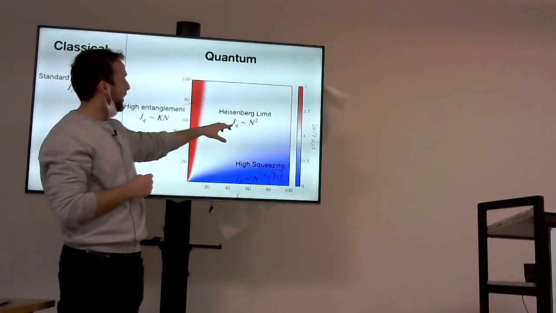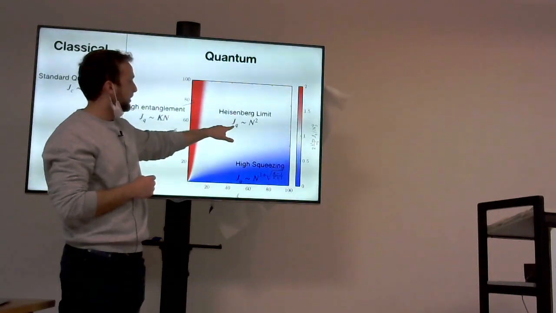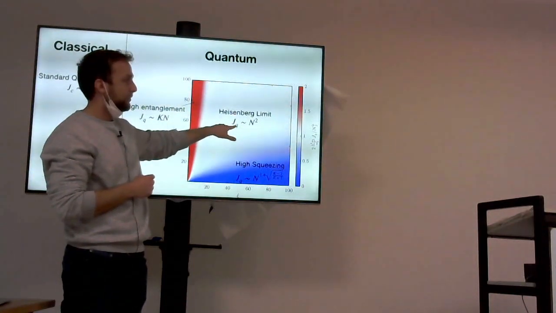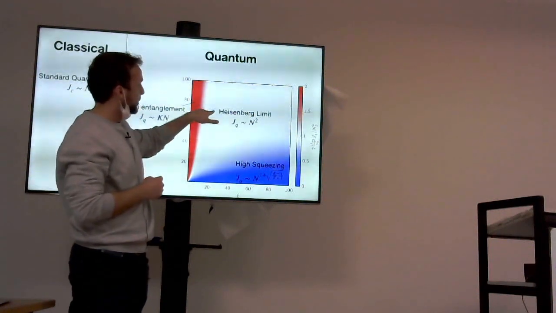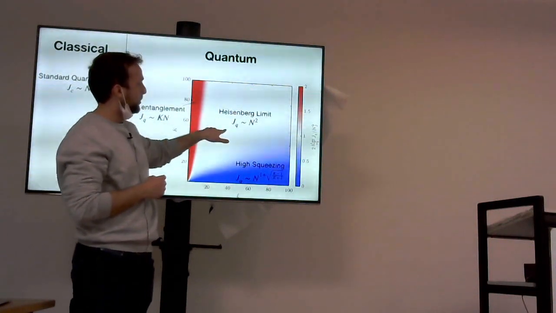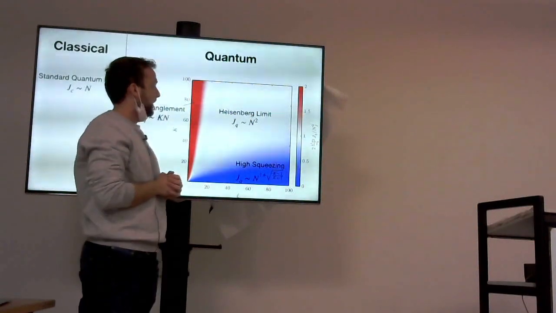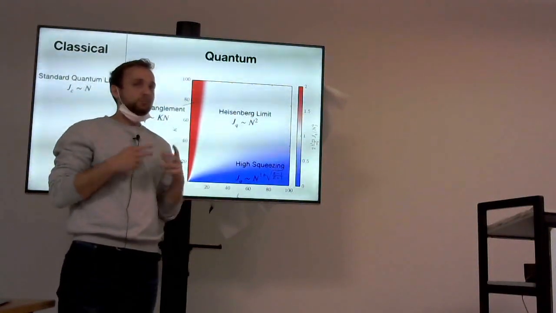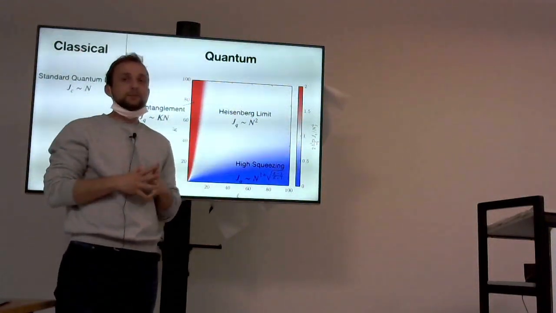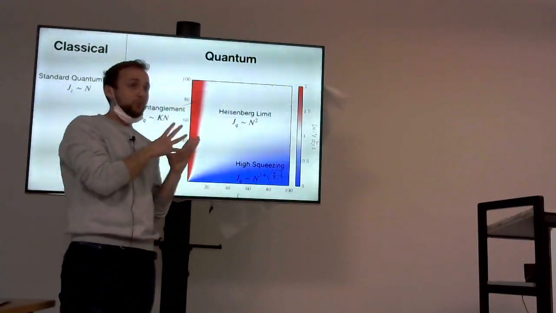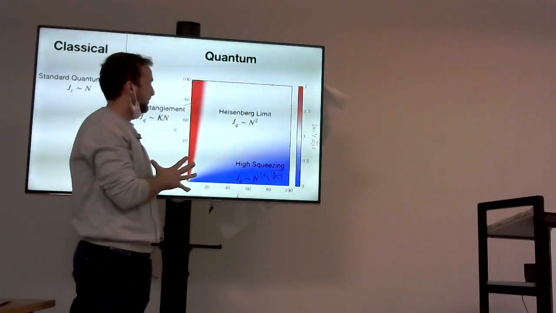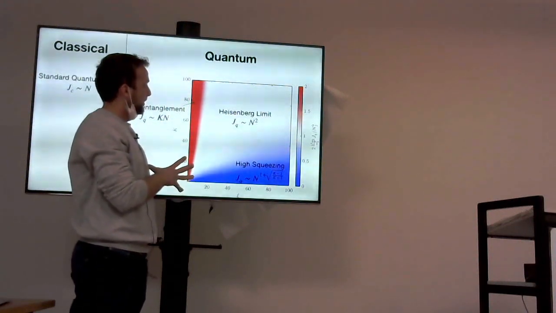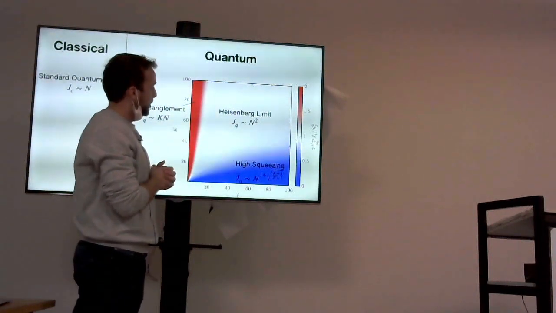And here we find that the quantum Fisher information is proportional to n squared, which is called the Heisenberg limit. That's the typical quantum scaling for quantum metrology protocols, and that's a nice advantage here.